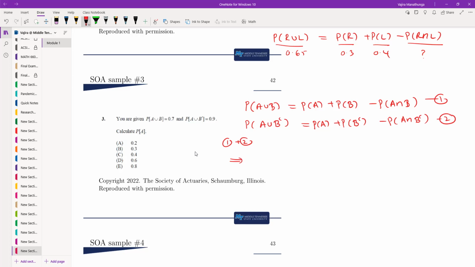On the left-hand side I get probability A union B plus probability A union B complement, and on the right-hand side, two times probability A. When you add these, remember that probability of B plus probability B complement gives us 1. Then I have these two other probabilities.